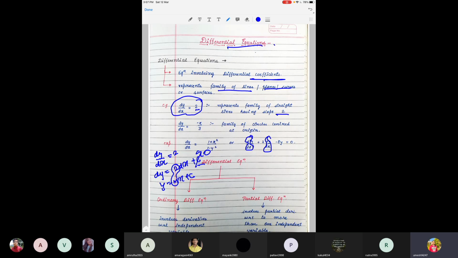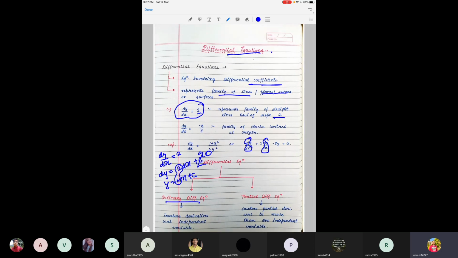We have majorly two types of differential equations: ordinary differential equation and partial differential equation. From the name only we can get an idea of what they want to convey. An ordinary differential equation is an equation which involves derivatives with respect to an independent variable.